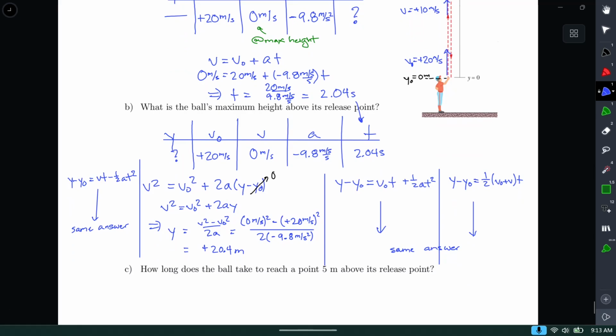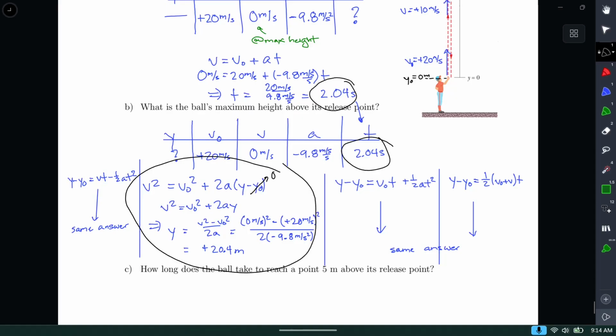Which of those do you think is best, though? They all give the same answer, so none of them are wrong, but there is one that's maybe the best one. What's different about this one versus the other 3? It's time free. Yes, it does not depend on time, which is something we found.